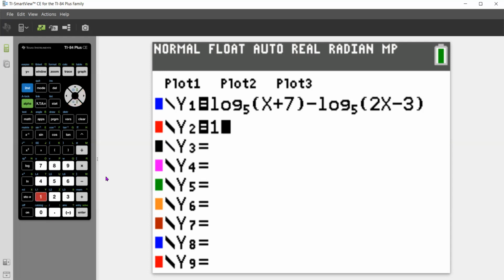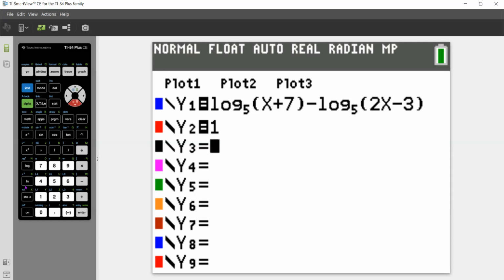All right. Now, if you do not have that function of log base where you could do different bases, remember that your calculator only does base 10. So if you have to do different bases, you either have to have that log-based function, or you will need to apply the change of base formula. So on Y3, I'm going to type in how you would type it using the change of base formula.